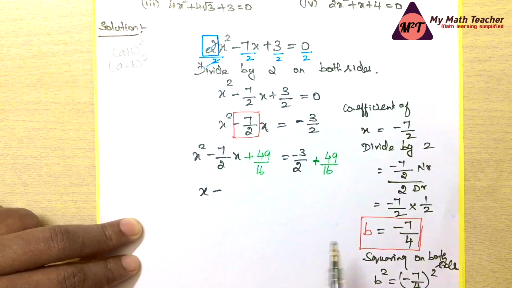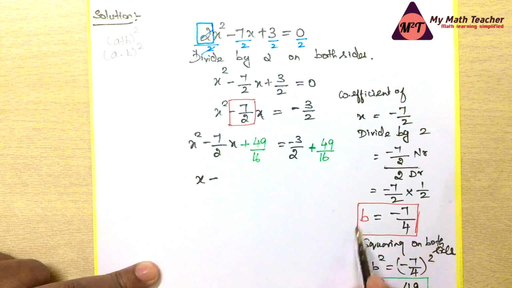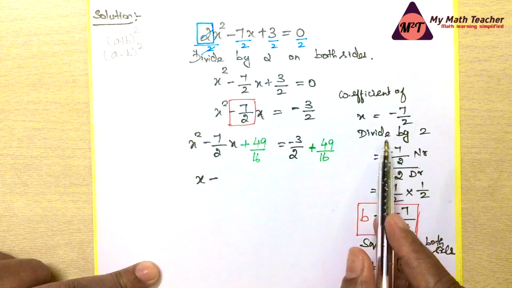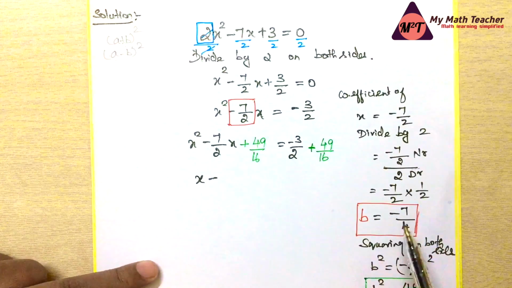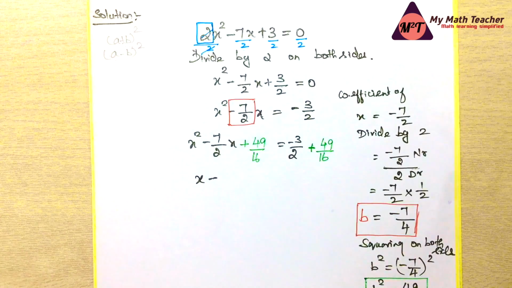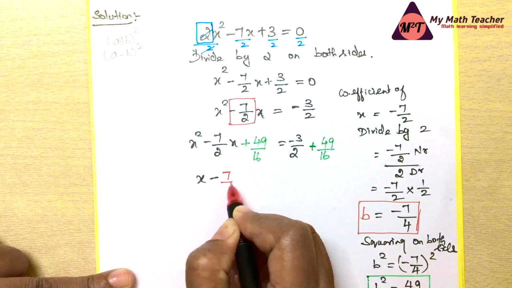Now what is b? Always remember, b is the one I have highlighted here with the red pen, the value we get after dividing by 2. This is always b. Now you can write it here. The b is minus 7 by 4.